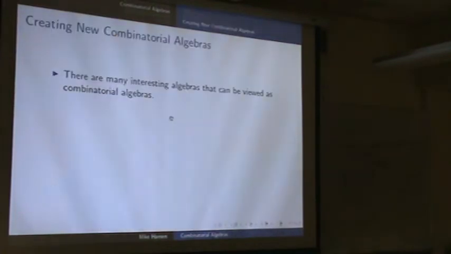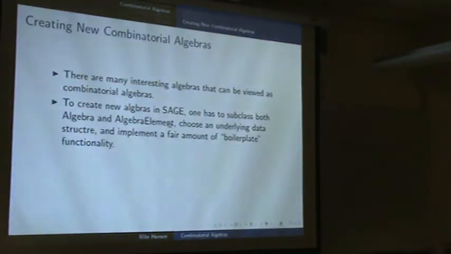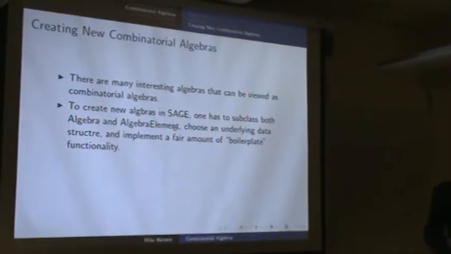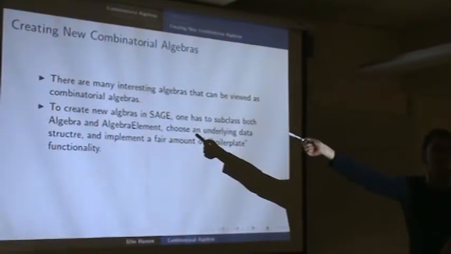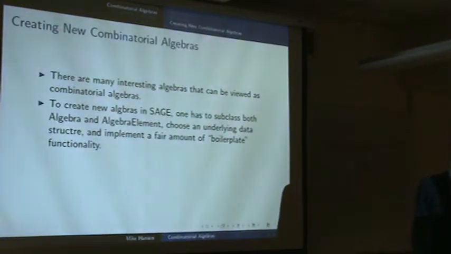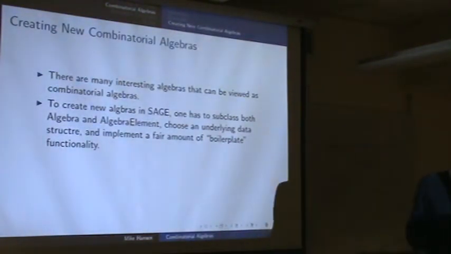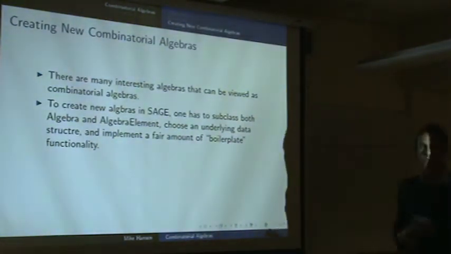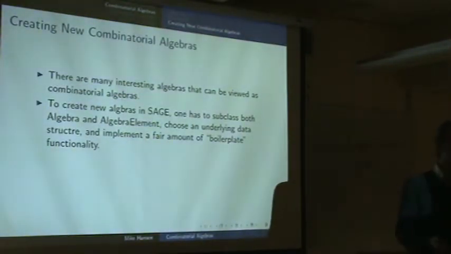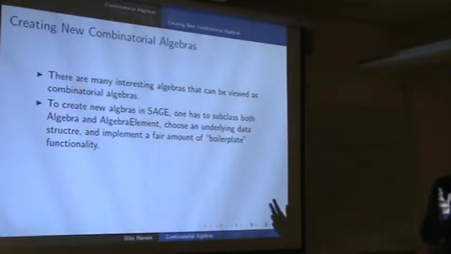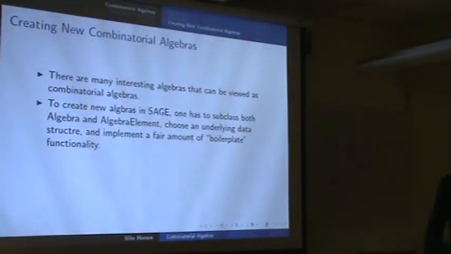So before, to create new algebras in Sage, you had to subclass both the algebra class and the algebra element class for the elements of your algebra. You have to choose the underlying data structure in which to implement this algebra, and then implement a fair amount of boilerplate functionality, which is relatively common to all of these combinatorial algebras.